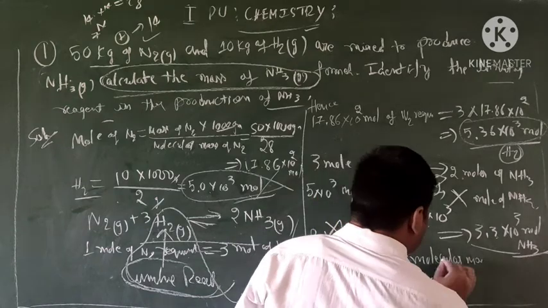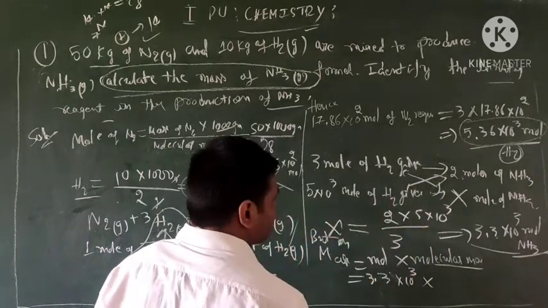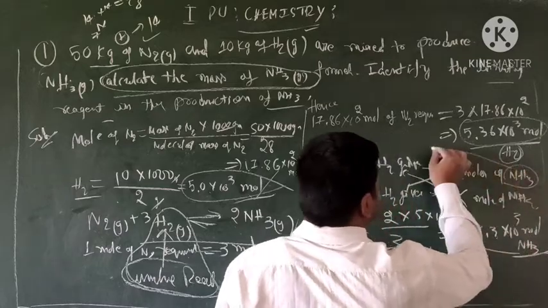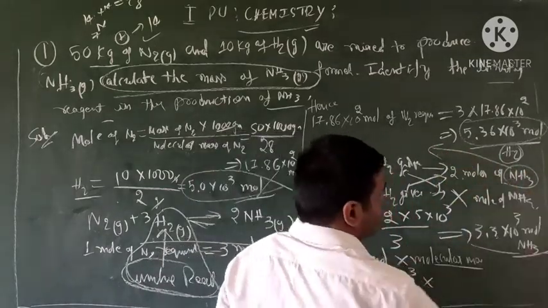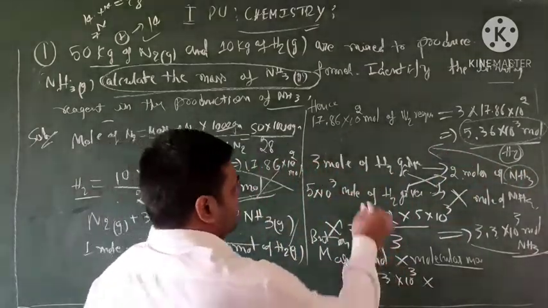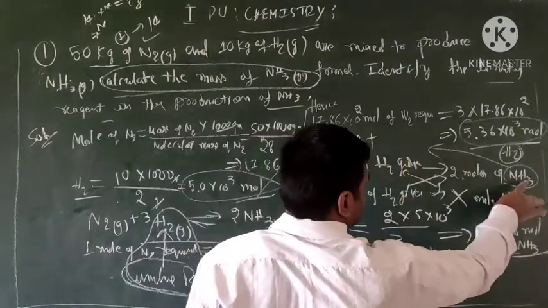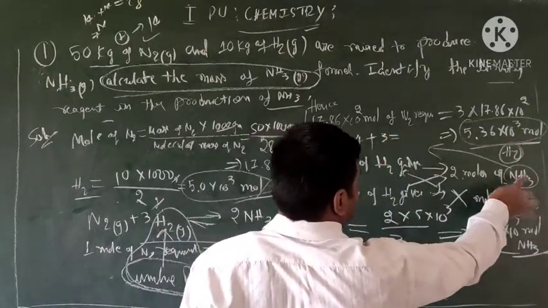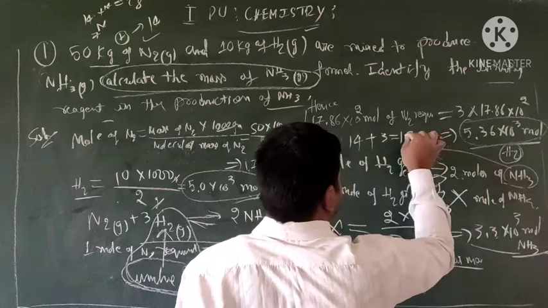Okay, the molecular mass of ammonia is 14 plus hydrogen 3, 1 into 3, 3. This is 17.